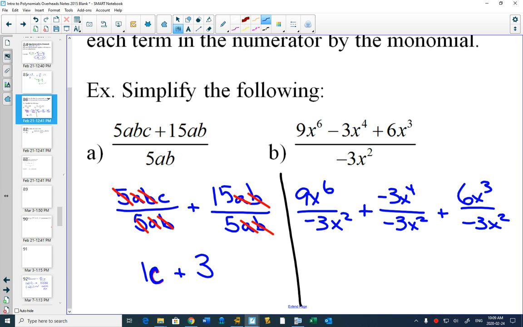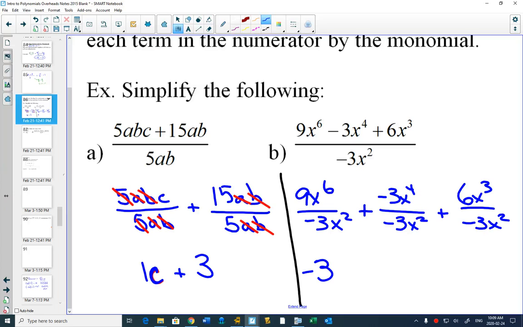Now we can divide each one separately. What is 9 divided by a negative 3? Well, first of all, 9 divided by 3 is 3. Will it be positive or negative when I have a positive divided by a negative? It'll be negative.